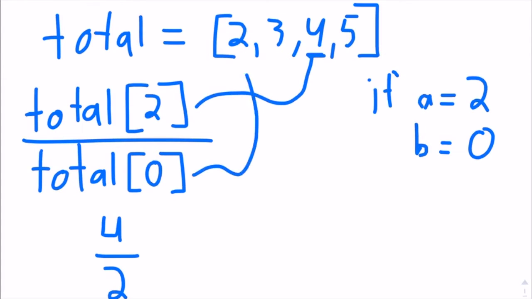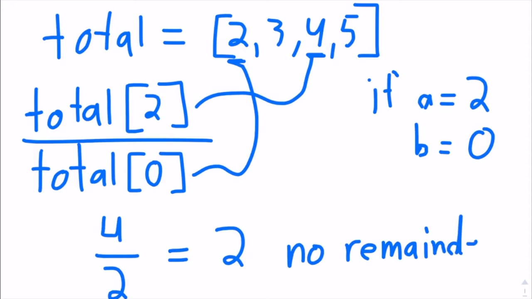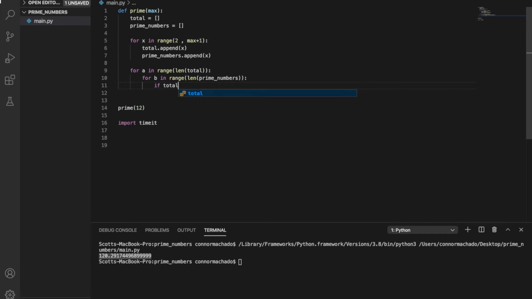So we divide A by B, and if they are divisible and the remainder is 0, which we can do here with mod, and they equal 0, which means if total index A divided by total index B gives a remainder of 0.